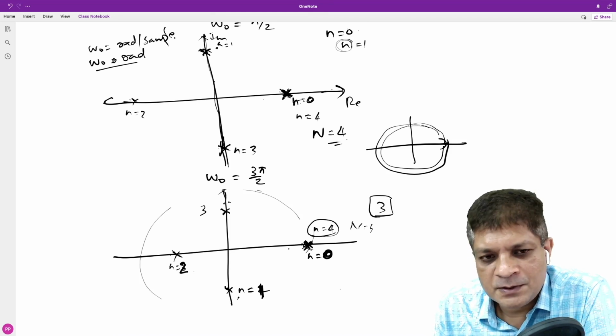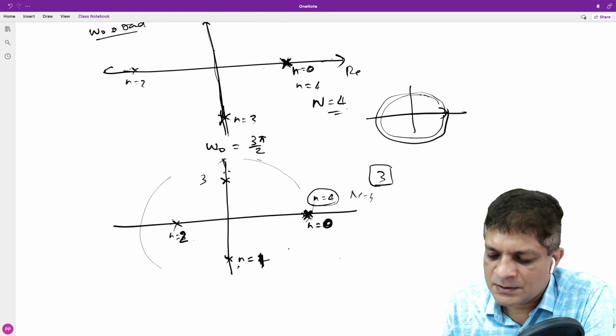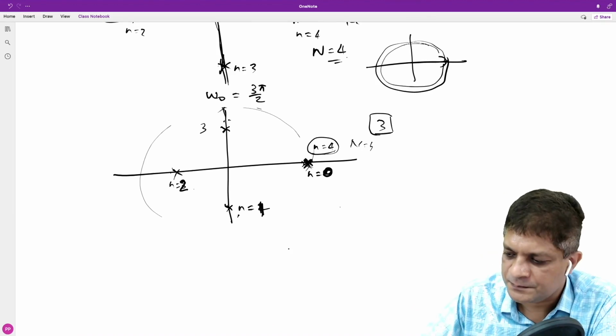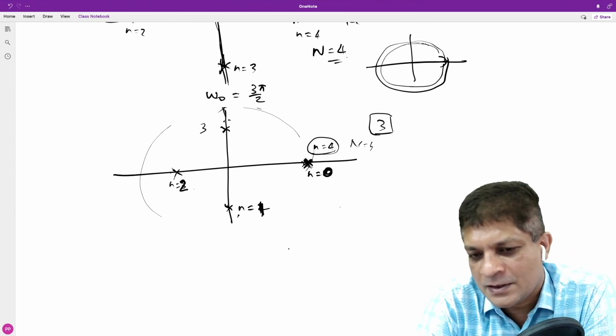Now, is a discrete time complex exponential signal always periodic? No. What is the condition?